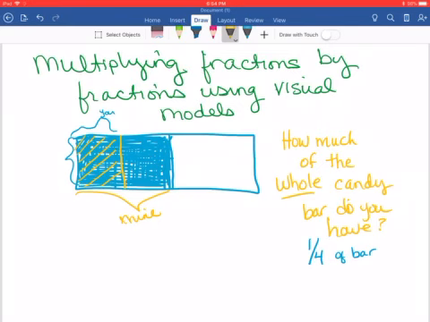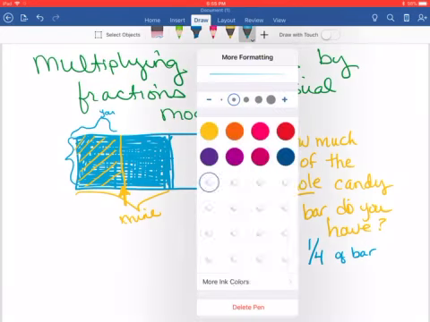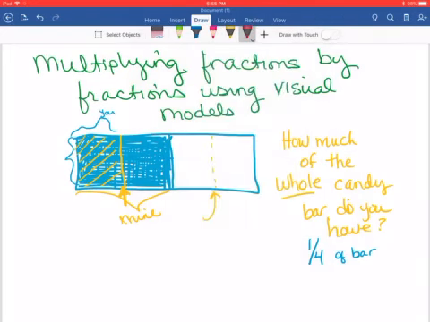So in this case, I split the second side in half, and I only used dotted lines because I'm not really dealing with that, but I want you to see that because I did it over here, I have to do it over here. And so then if I count it, there are 1, 2, 3, 4 pieces of the candy bar, and I gave you guys one of the pieces.